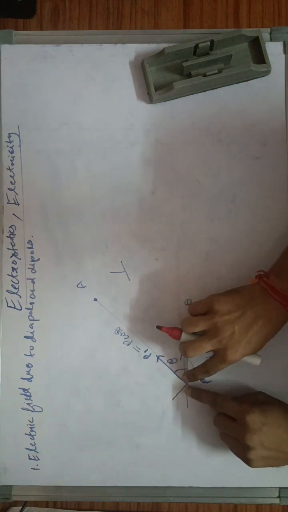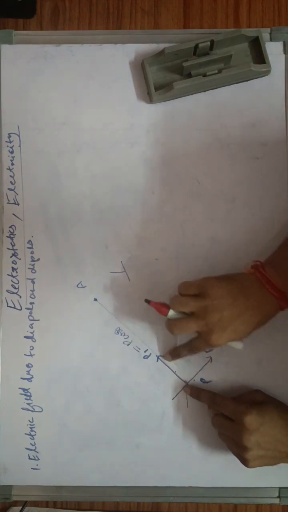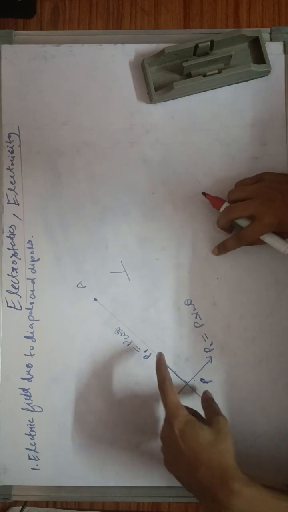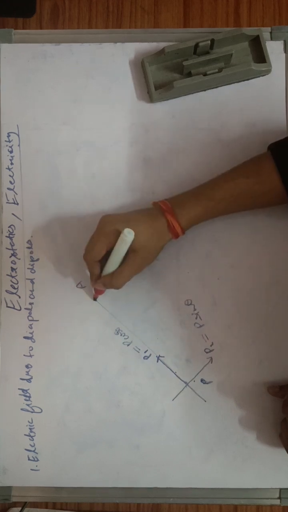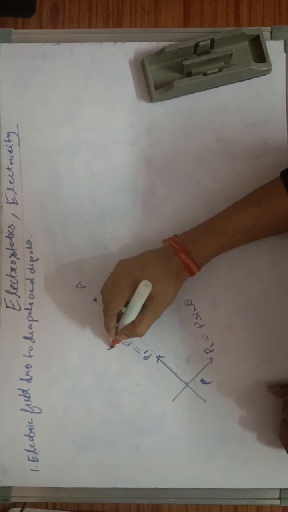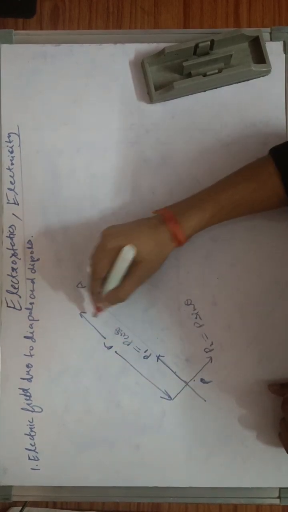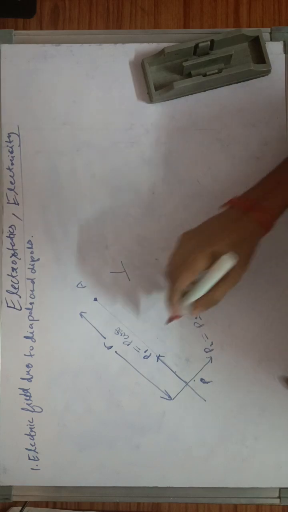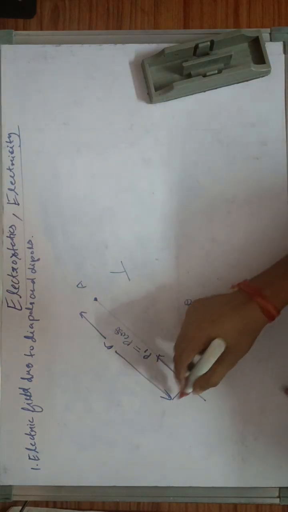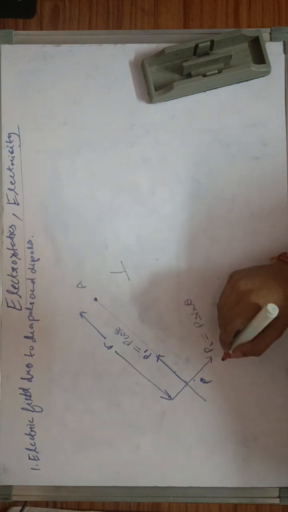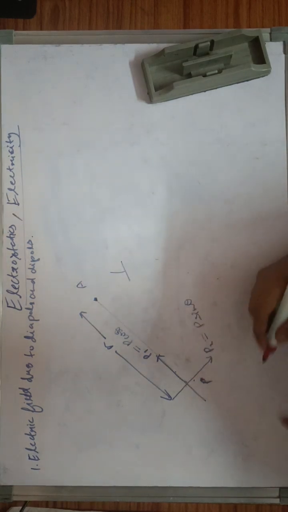Now I can remove this P dipole moment vector, and there would be two dipole moments here. The electric field due to this dipole moment at this point would be simply due to the field along this axis, and in this case we will use the formula of electric field due to a dipole moment in the equatorial plane.